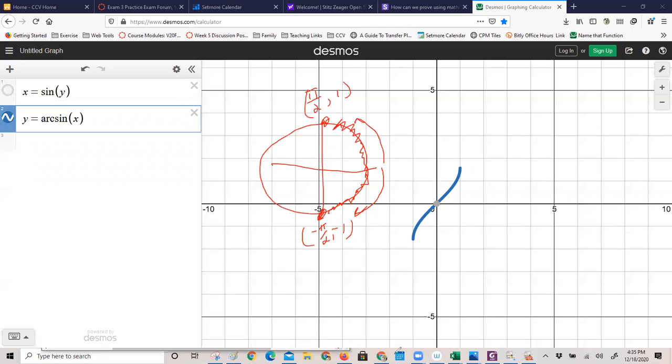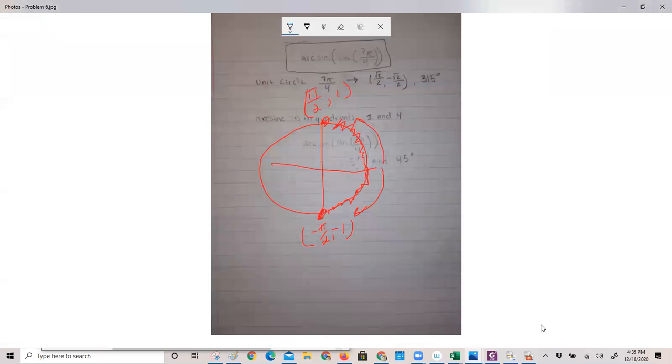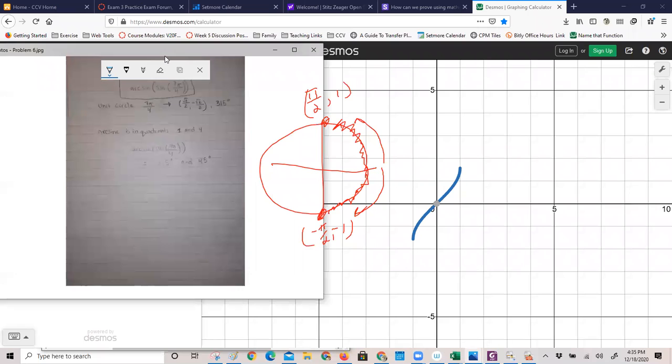So if we take a look at those questions, let me see if I can do this without flashing people's names, so I can keep this public. Okay, so we're asked to find the sine of 7 pi over 4, and then take the arc sine of that value.